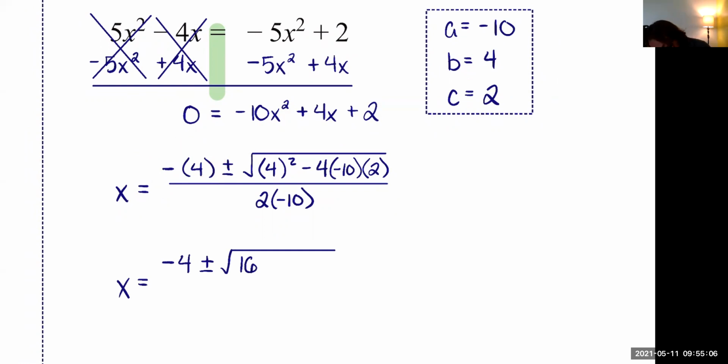The 4 squared gives us 16. And then the little 3-number multiplication, negative 4 times negative 10, positive 40. Positive 40 times 2 is positive 80. All of this is over 2 times negative 10, which is negative 20.